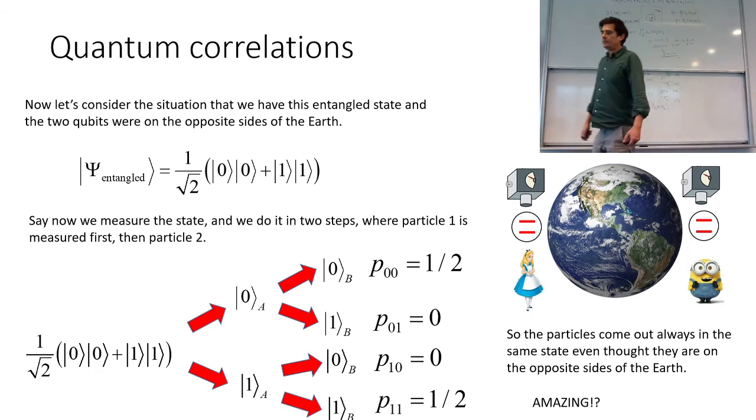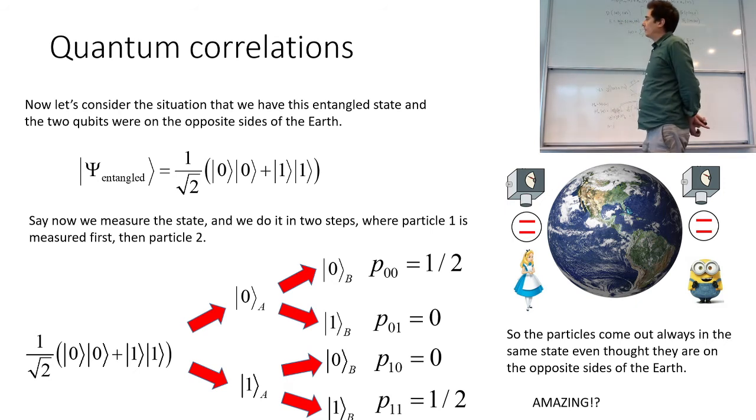Professor, can we just inverse the process? Let's say that we first measured in Bob's measurement. So we'll get a different result?